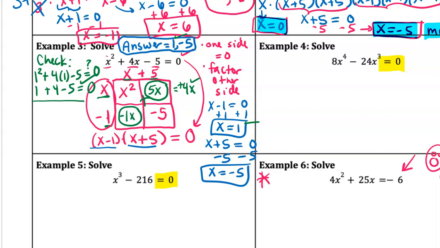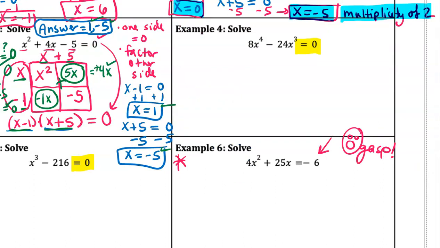If I plugged in negative 5 for x, I would get positive 25 minus 20 minus 5. And that also equals 0. So both of these actually do make the equation equal 0 when I plug them in. But it would have been really hard to get to these solutions without knowing the factors. So factoring and getting those equal to 0 is the key.